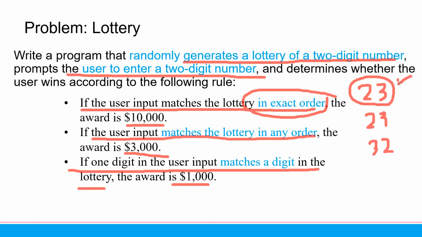So we bought 23, the lottery number is 24, so it matches only one number. We get 1,000. Or maybe the lottery number is 63, so we still have one number, 3. Then we will get 1,000 US dollars.